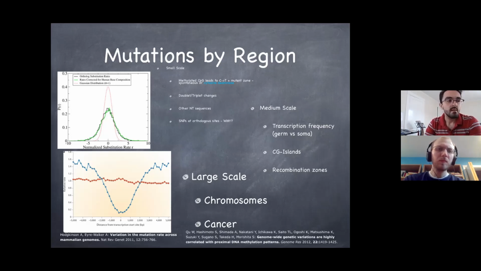But just a brief overview of what I mean by this. First, we'll start with the small scale. So the rate of simultaneous doublet and triplet codon changes, right? We talked about how one change can occur, but when two adjacent nucleotides change simultaneously, or all three change simultaneously, that would be a doublet or triplet simultaneous change.